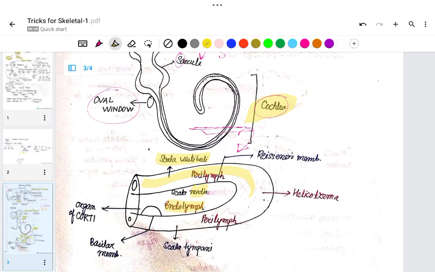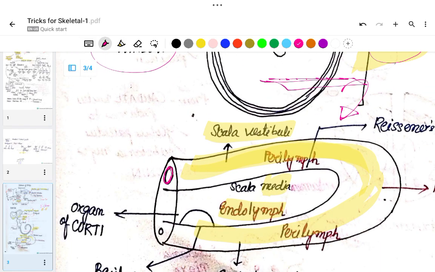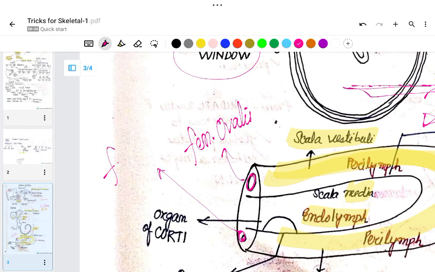And this is the perilymph that is again accumulating here, the entire one. And what are these? We have said it already. The upper part is the fenestra ovalis, and this part is the fenestra rotundum.